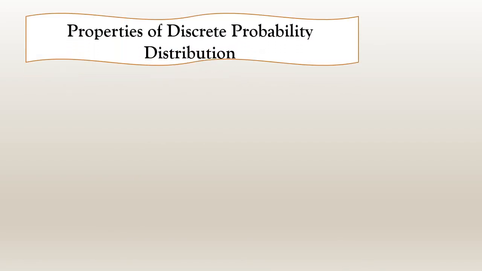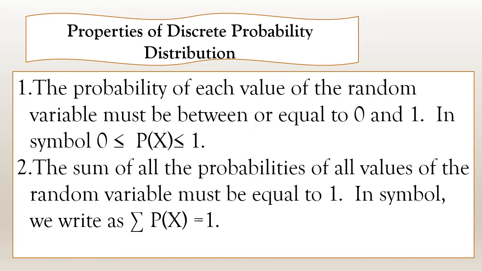So base sa ginawa natin, makakakuha tayo ng properties of discrete probability distribution. Ano ba ang properties ng discrete probability distribution? So yung number 1 property natin, the probability of each of the random variable must be between or equal to 0 and 1.